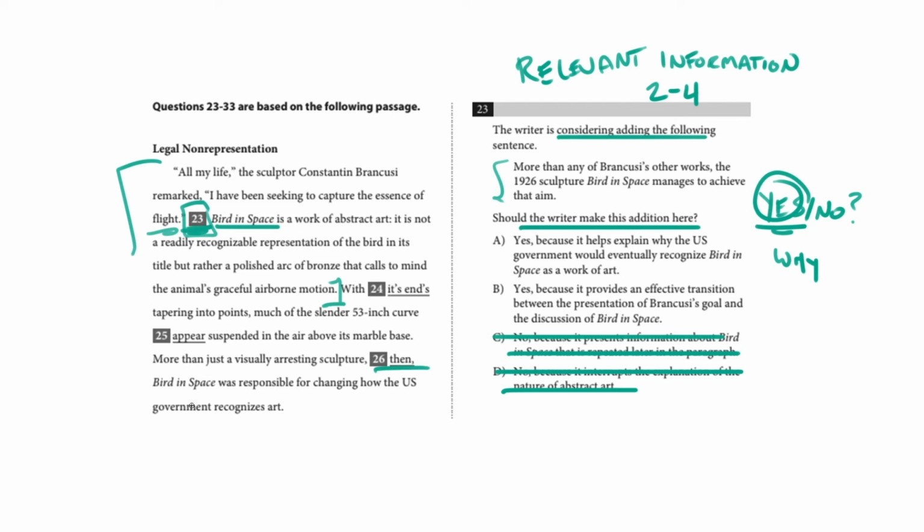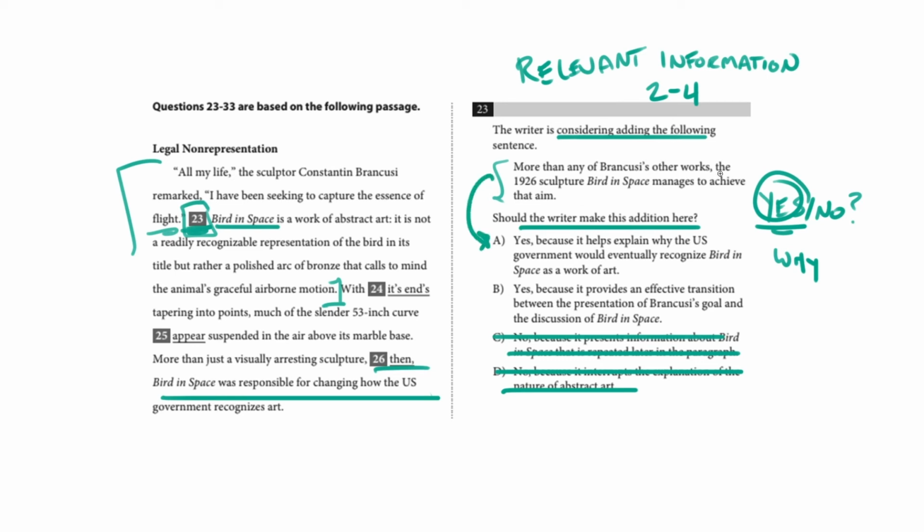You can see at the very end of this paragraph, which is just part of a longer passage that I've excerpted, it says, "More than just a visually arresting sculpture, then, Bird in Space was responsible for changing how the US government recognizes art." That may be part of the same paragraph, but it's not part of the immediate context of where the sentence is supposed to go. And at any rate, I don't think that's what this sentence does.